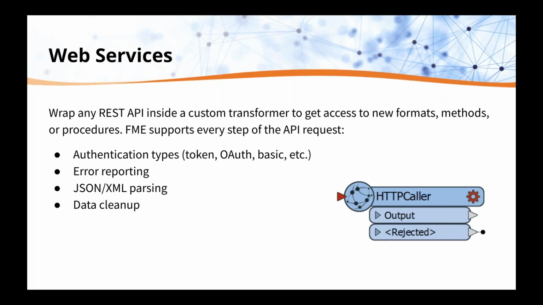We can build in and manage all of the messy housekeeping that comes with web services. Every step of authentication, error handling, interpreting JSON and XML responses, and cleaning up all of the data is taken care of from inside of the transformer. This makes downstream processing a lot easier and the process of building a workspace that uses a web service a lot nicer.